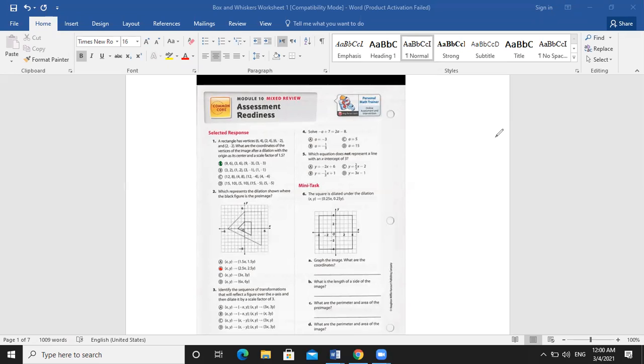So if we want to reflect the figure across x-axis, it will be x and negative y. We will keep x and we will change y. For this reason, we said that the answer may be C or D, because in both of them the first step is x and negative y, right? Yes. Okay. But the last step, what is the transformation which he gave to us in the last step?